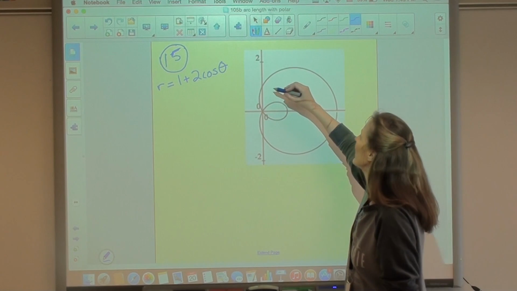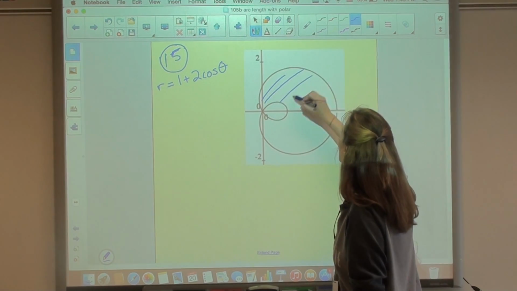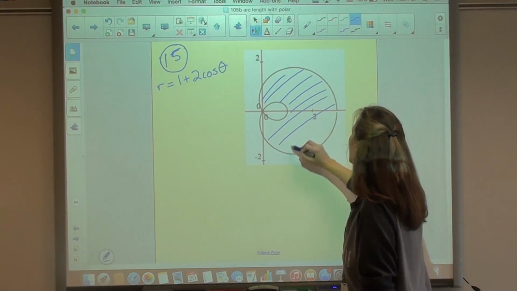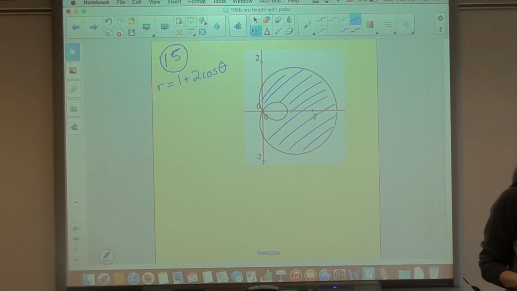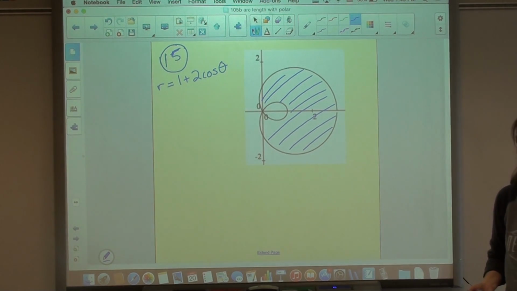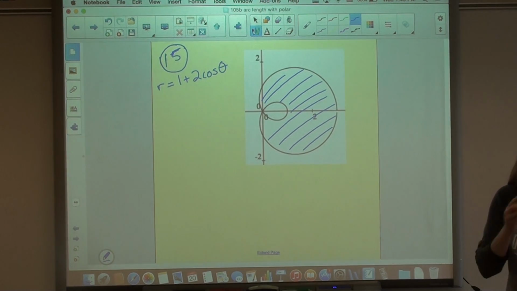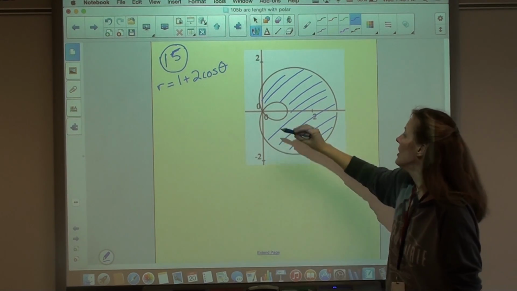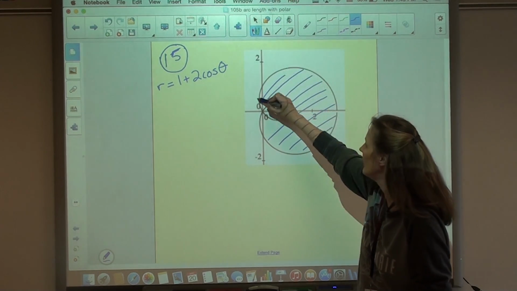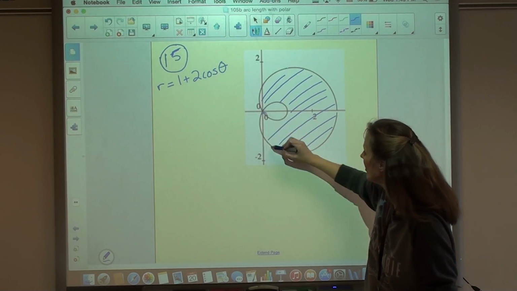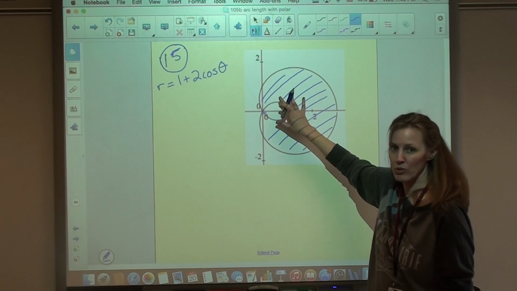All right, so anyway, 15. 15 said find this area. The area between the loops, right? Okay, so what I would do if I was doing this problem is I would find the outer area, which would give me from the pole, so this whole thing is overall solid, right?